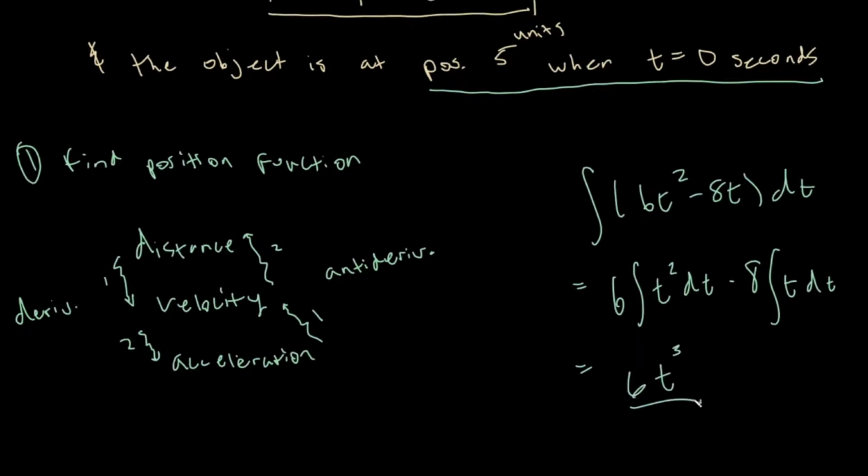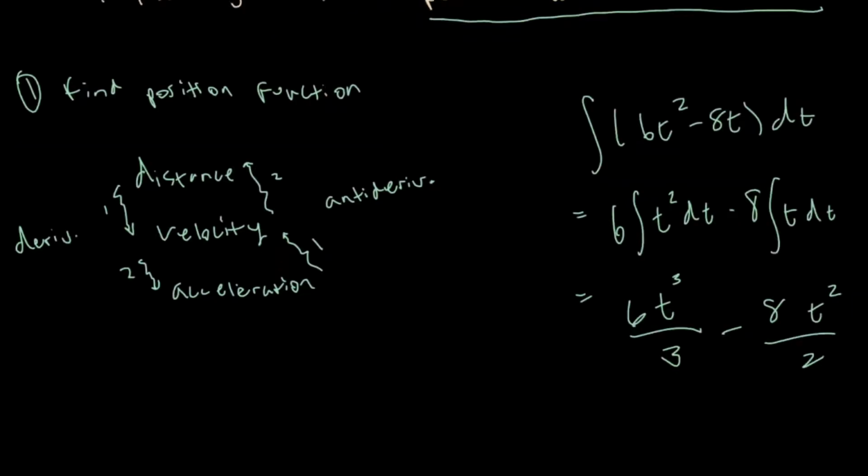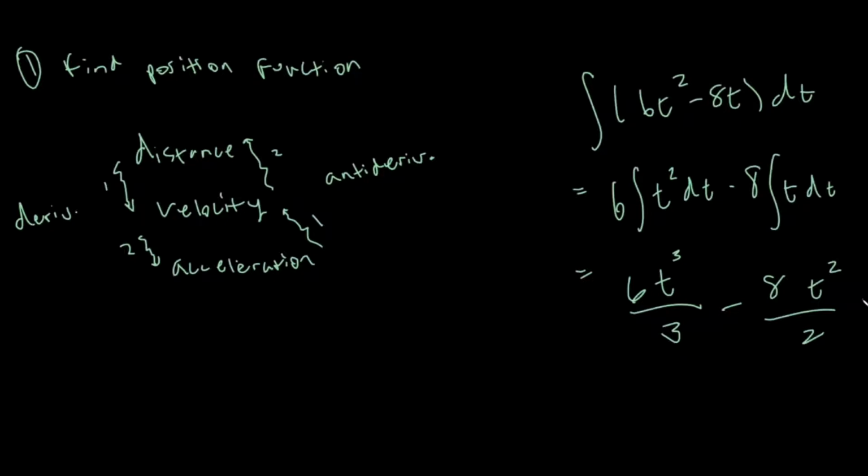So 6t cubed divided by 3 minus 8t squared divided by 2. So the exponent is currently 1, it goes to a 2, and you divide by 2. And of course, don't forget the plus C. So 6/3 is 2t cubed minus 4t squared plus C. So this is our distance function.